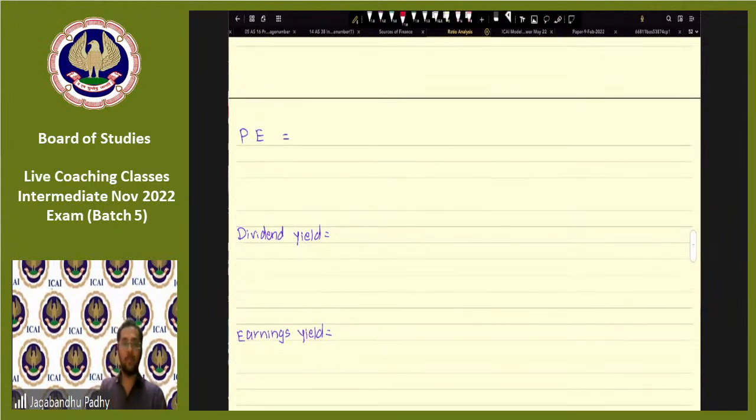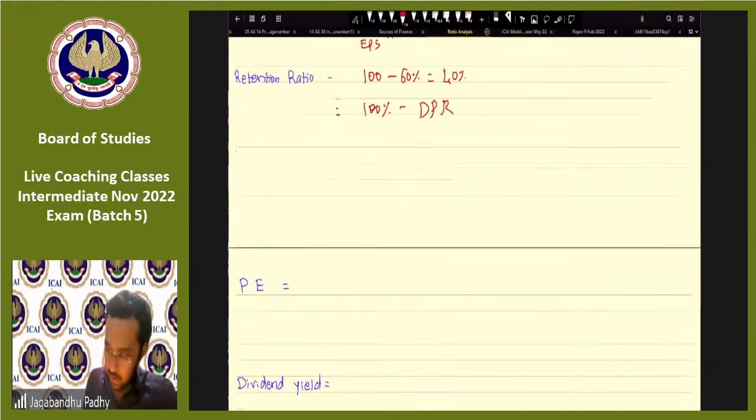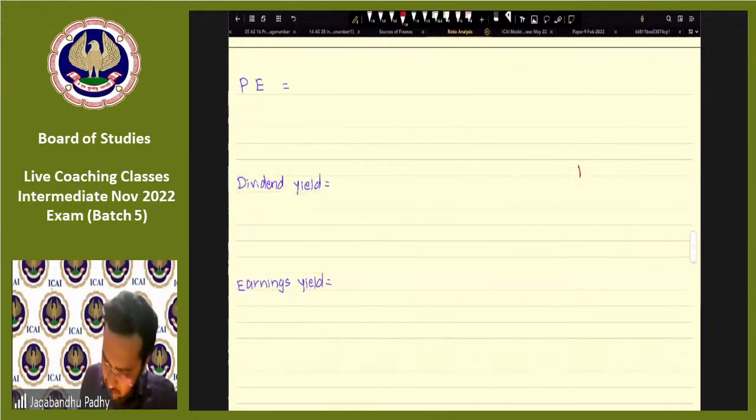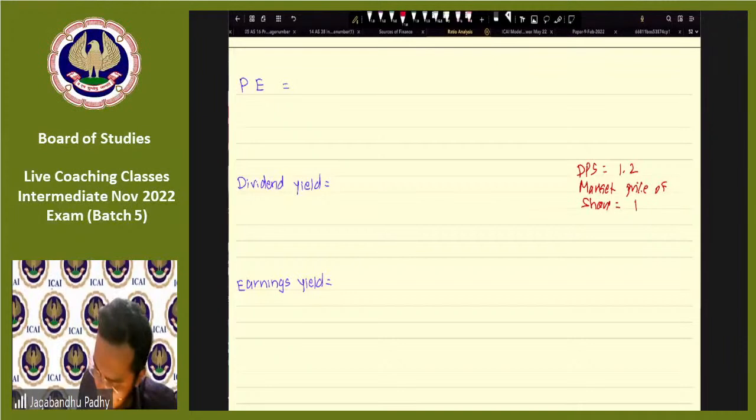Then we have P/E ratio. We'll come to that later. Dividend yield. Let's say in this case, we had a dividend per share of 1.2 and the market price of the share is 10 rupees.